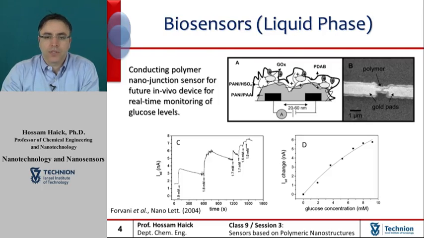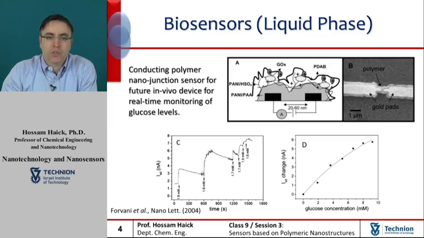The sensor consists of an array of polyaniline nanojunctions. Each nanojunction is formed by electropolymerization of polyaniline in the presence of polyacrylic acid, namely PAA, to bridge two nanoelectrodes separated by a nanometer-scale gap that ranges between 20 and 60 nanometers.